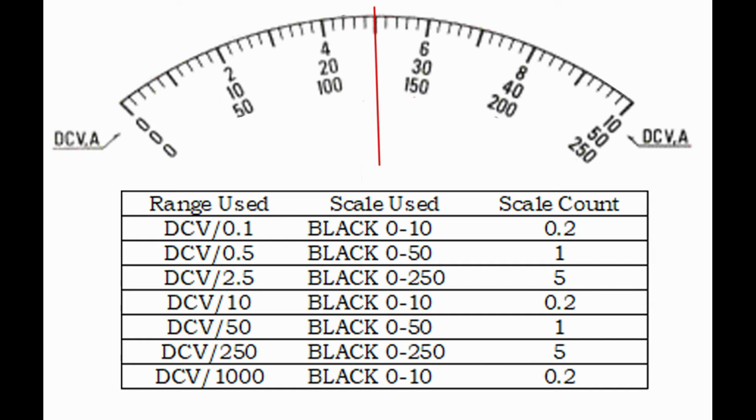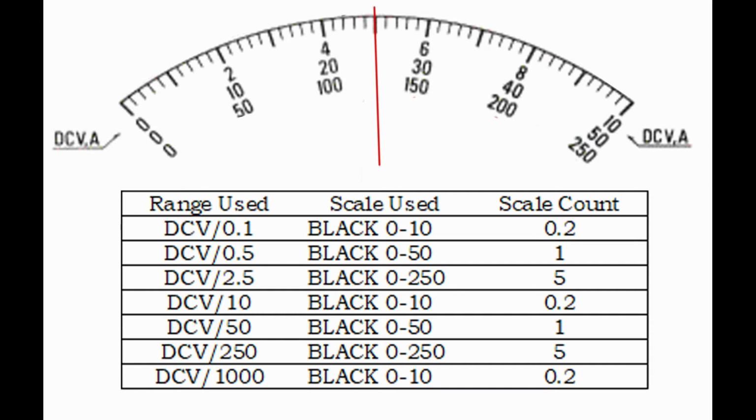The pointer fluctuates in between 4 and 6, 20 and 30, and 100 and 150. As you can see, we have a table below. The table tells us the different ranges, the different scales, and the scale count of each scale.